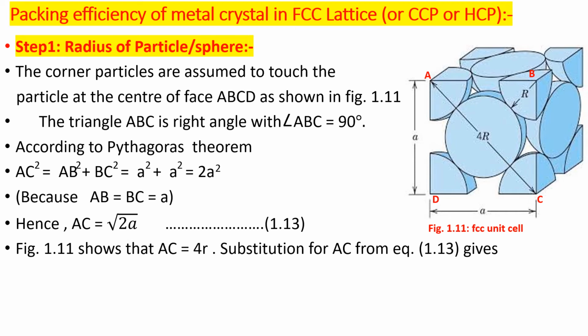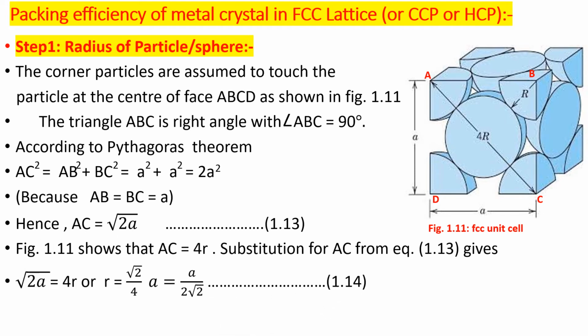But from the figure AC is equal to 4R. Substituting the value of AC, root 2A is equal to 4R, or R is equal to root 2A upon 4, which is A upon 2 root 2. That is equation number 14.